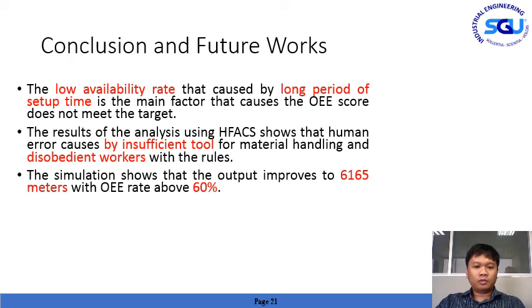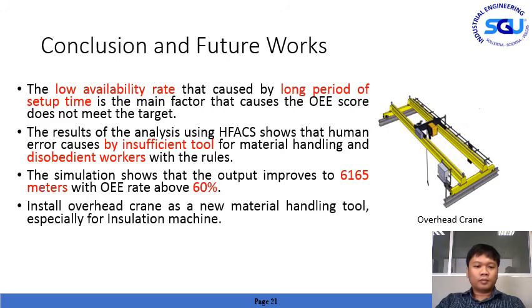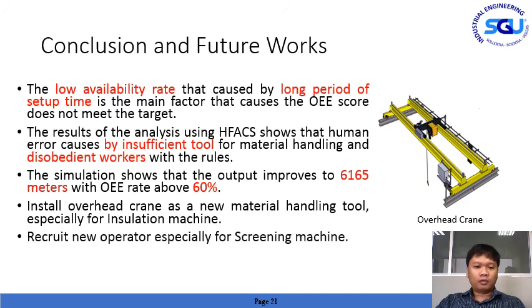And the simulations show an increase of the OEE rate above 60% with an output of more than 6,000 meters per day. Our recommendation is to install an overhead crane, especially for the insulation machine, for new material handling, and then recruit a new operator for the screening machine. Also implement tighter supervision.